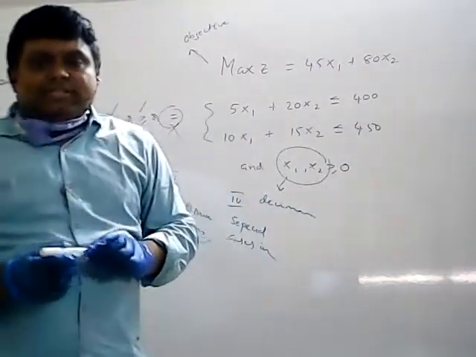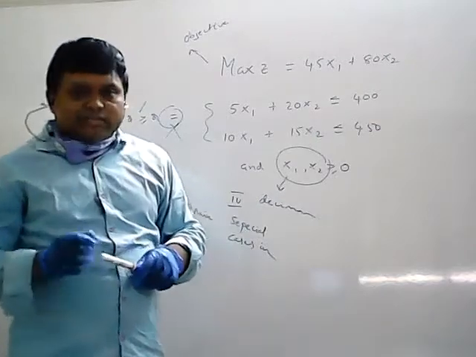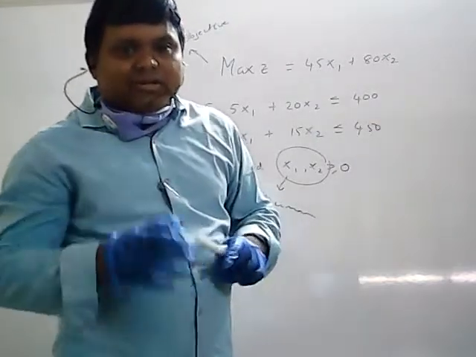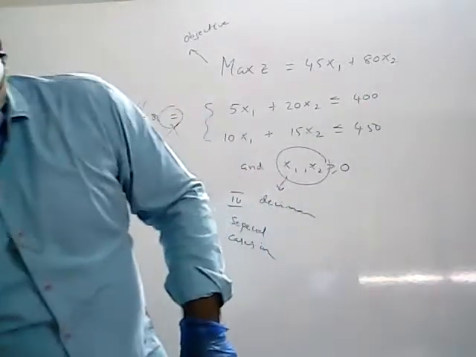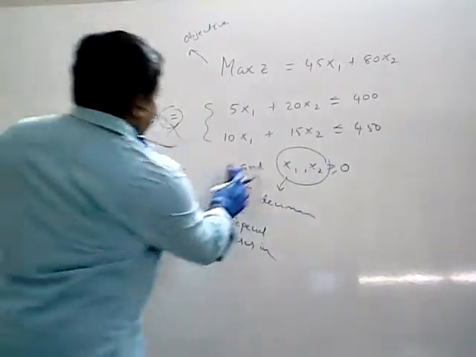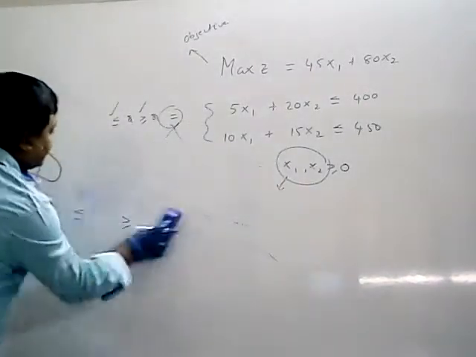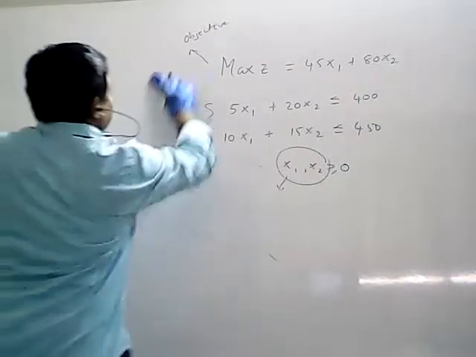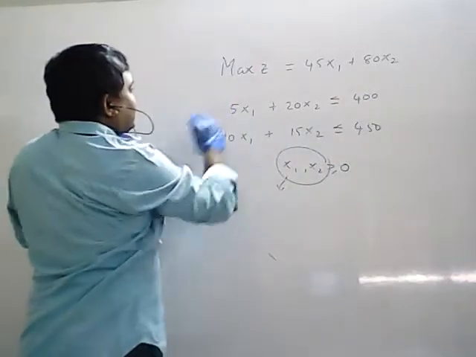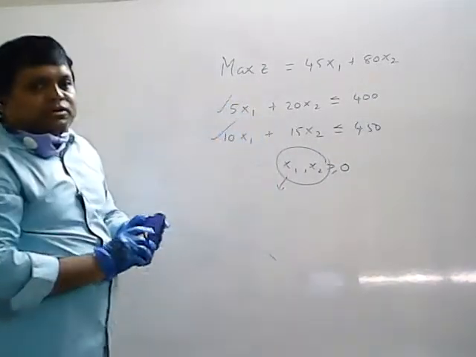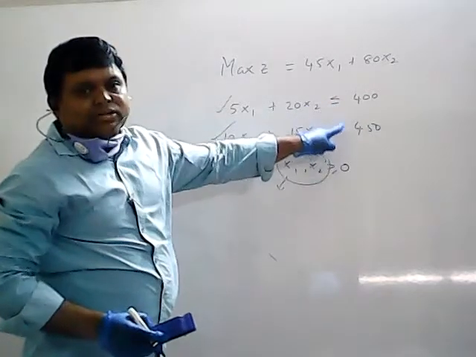What is the first step in the graphical method? Convert all the inequality constraints into equality constraints. In this particular problem, these are the inequality type constraints. Now, first convert these inequalities into equalities.